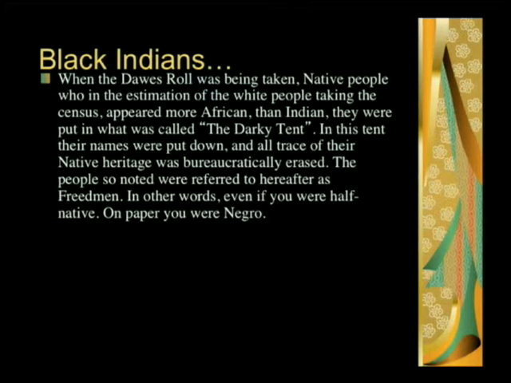So black Indians, so the Dawes Roll. Essentially the Indian Wars was the loss of land, people, and culture because of the axiology, that is the cultural values, of European Americans who like to count and measure things. The idea of the Dawes Rolls, Dawes basically saying, okay, we have to count who's in the Indian tribes, who's part of the tribe.